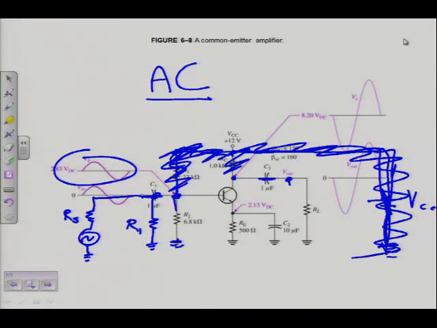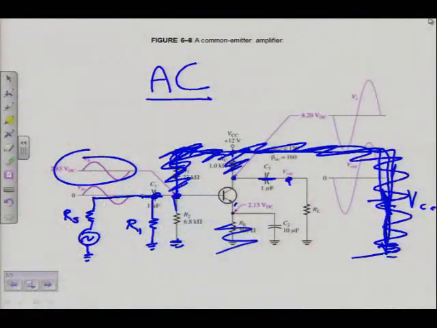You calculated in Electronics 1 R in at the base as beta times RE. Is that correct? That's the formula that you've learned, and you memorized that formula. And now I've messed it all up, because now I'm using a capacitor. So that resistor is not there anymore.